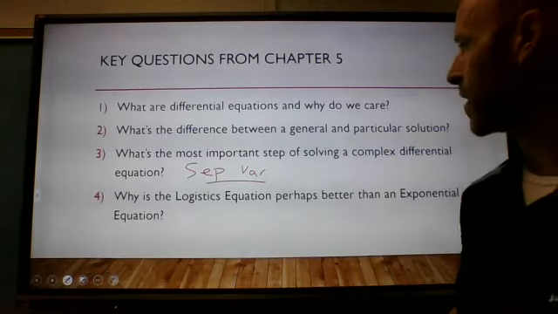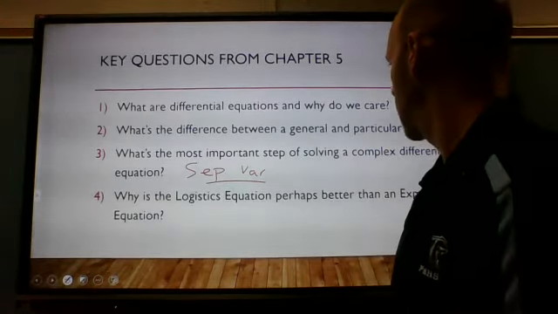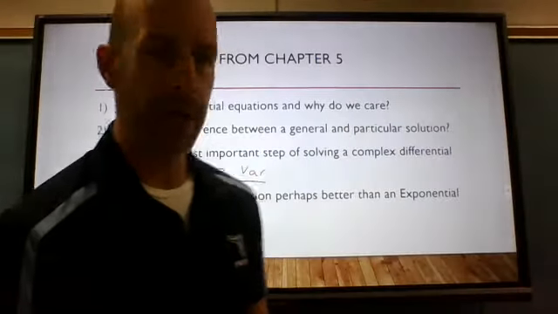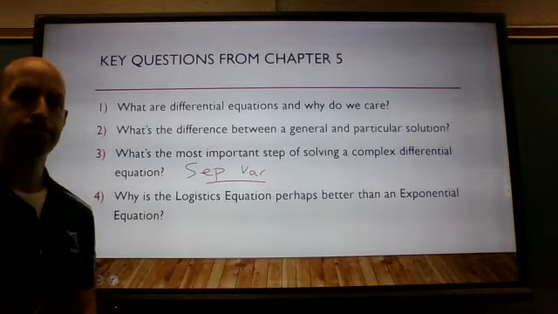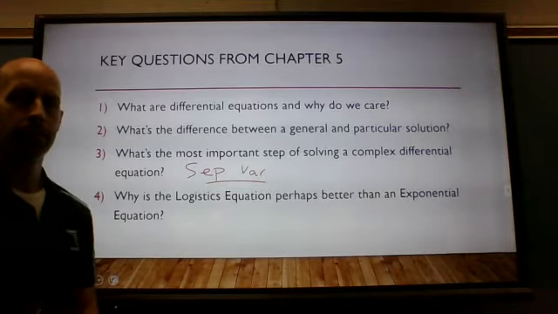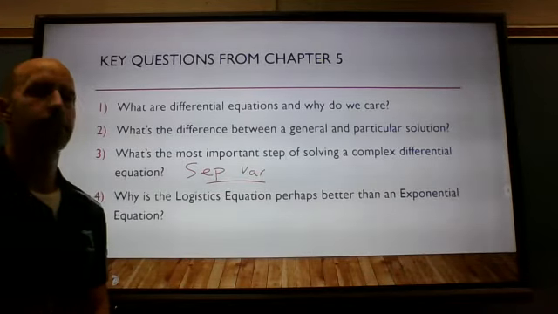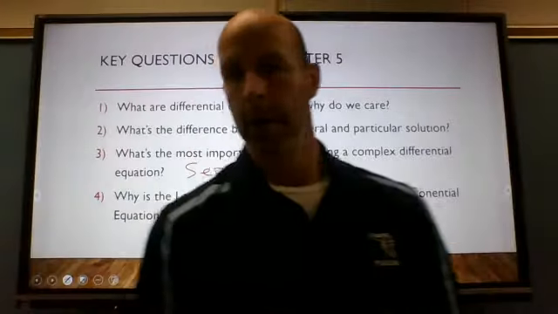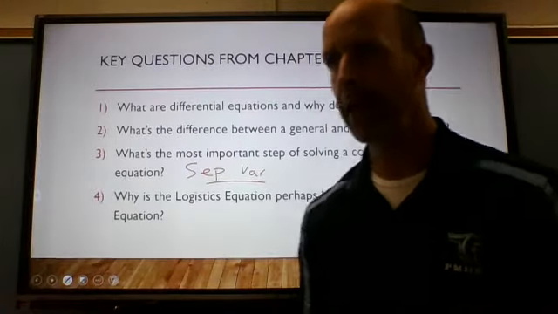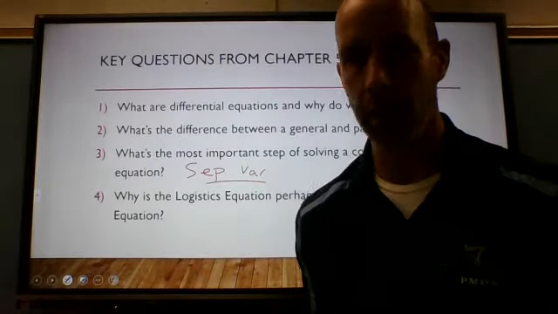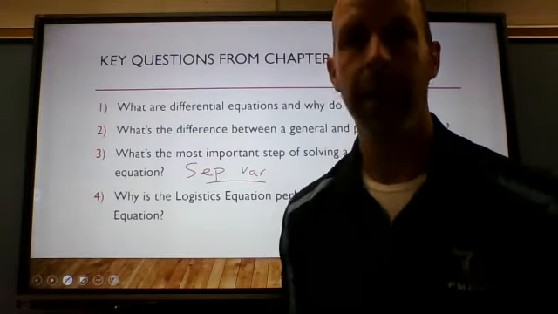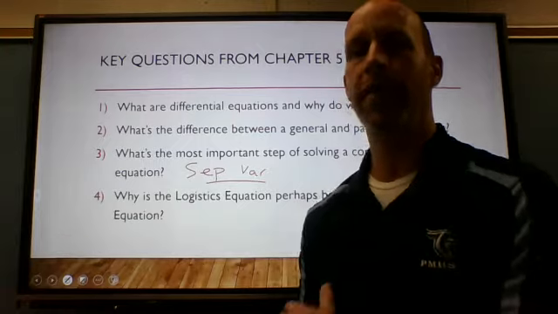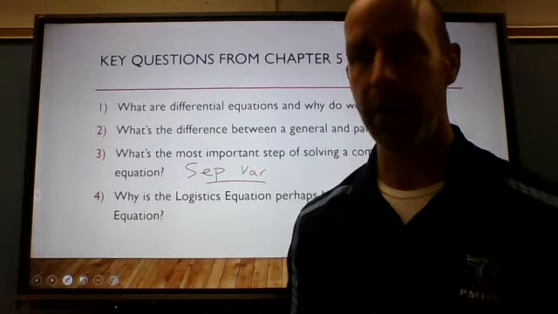Why is the logistic equation perhaps better than the exponential equation? It represents a limit on growth, whereas the exponential equation doesn't have a limit. Yeah. So, for example, here on Earth, can we have infinitely many human beings? The answer is no, because we have a finite amount of size and a finite amount of resources.